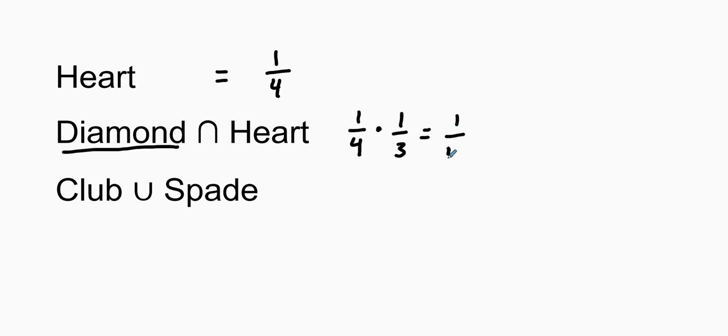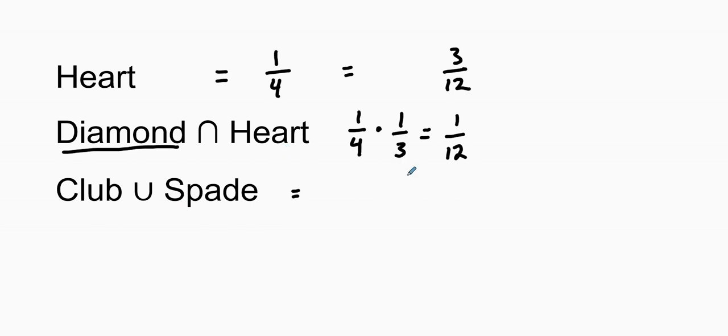There's that multiplication rule. And I'm going to rewrite this over here, because 1/4 is 3/12. Then we don't have to worry about finding a club or a spade, because the club or the spade could happen after the diamond too.